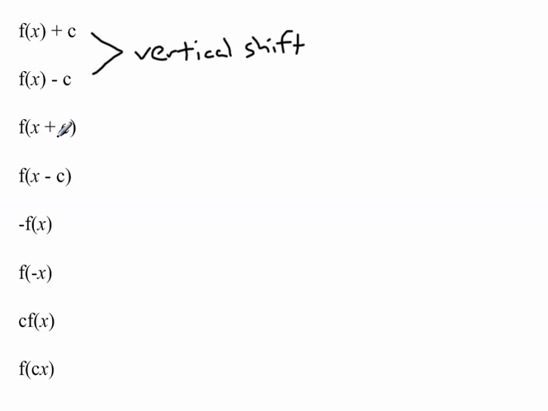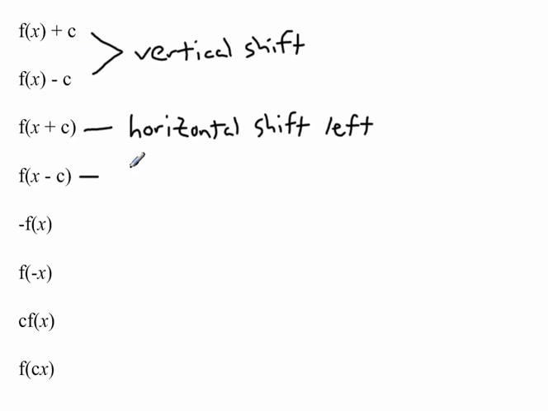Now, if you add or subtract some value within parentheses, kind of like in the last example, it was x plus 2 in parentheses squared. Adding a value is going to give you a horizontal shift to the left, and subtracting a value will give you a horizontal shift to the right.